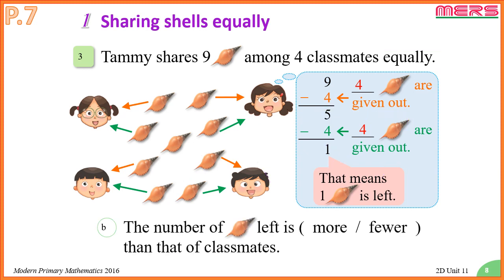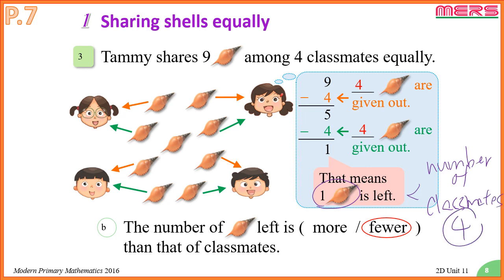The number of shells left should be fewer than the number of classmates, which is 4 because we have 4 classmates here.